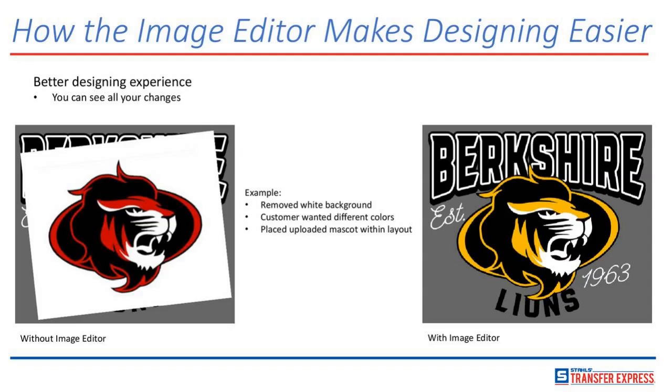So for all I know, that 1963 might be there right now. I just can't see it because of that silly white square. But that's the point: because it's a bitmap and it comes in with that white square, that's annoying. We want to get rid of that. So that's, again, one of the things that makes the vectorizer, the image editor, so useful.